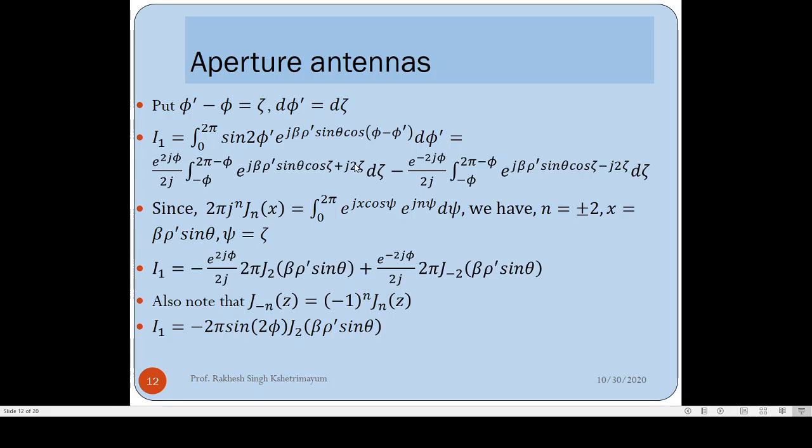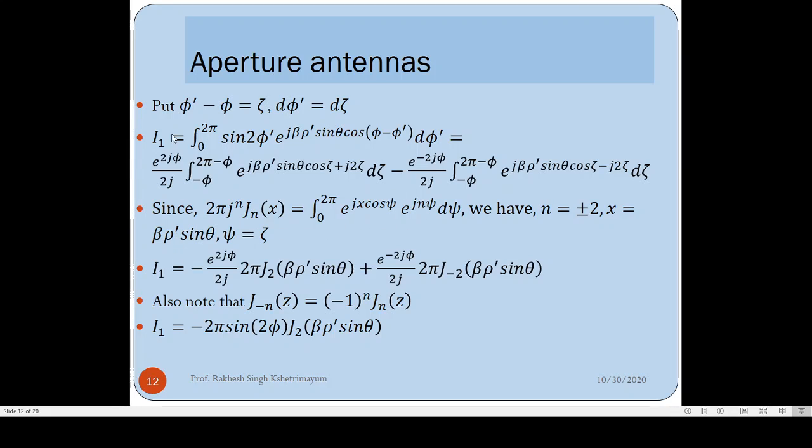N is this term here. N is either plus 2 or minus 2. What is x? X is beta rho dash sine phi. Psi is zeta. So when we compare this identity and this equation, n is either plus or minus 2, x is beta rho dash sine phi, psi is zeta. So we can directly apply this identity.